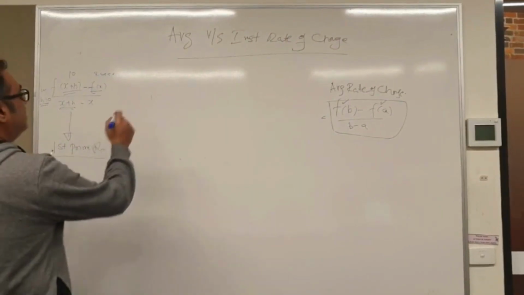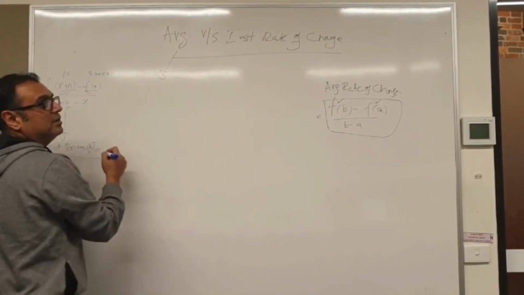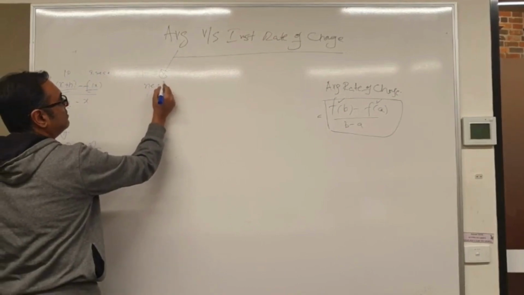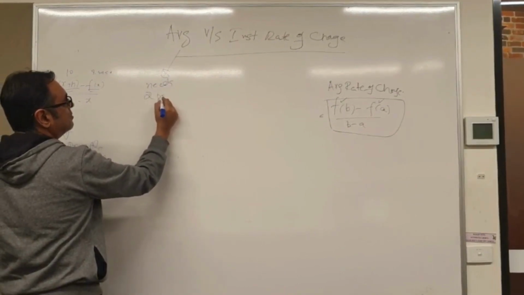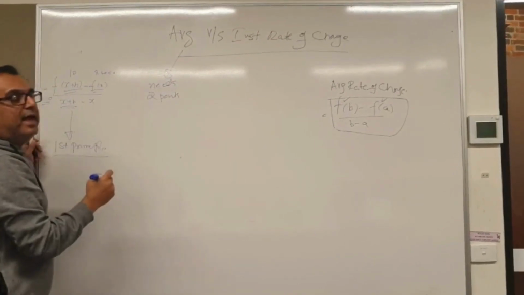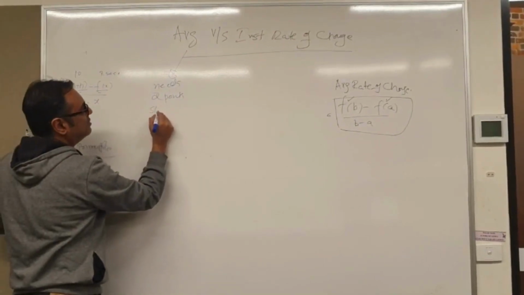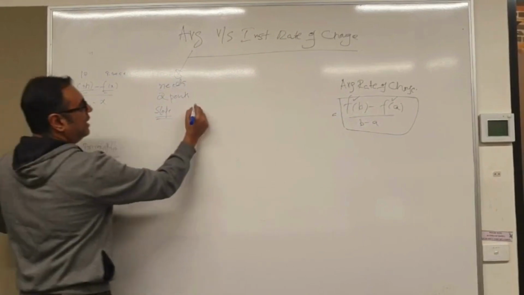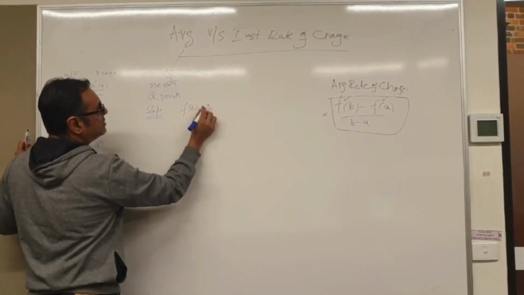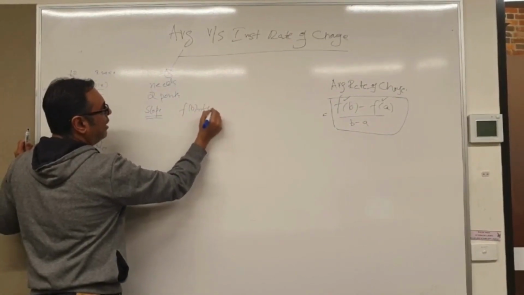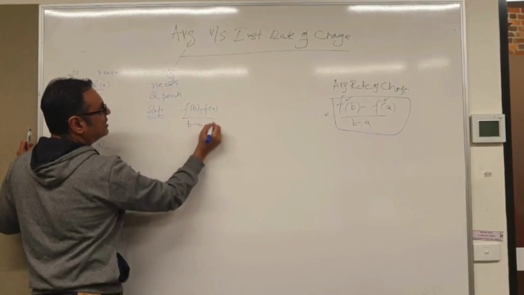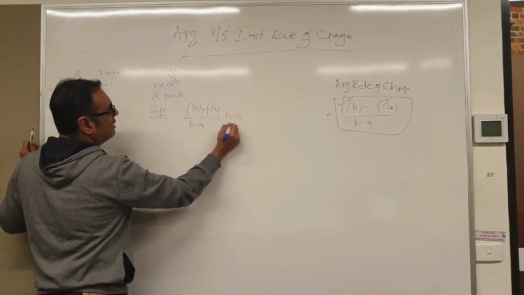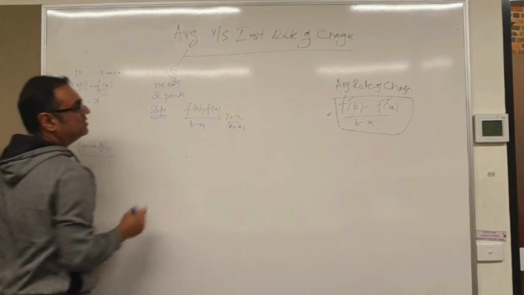The average rate of change needs 2 points, and it is just finding the slope between the 2 points, the regular slope, which is f of b minus f of a over b minus a. This is nothing but y2 minus y1 over x2 minus x1.